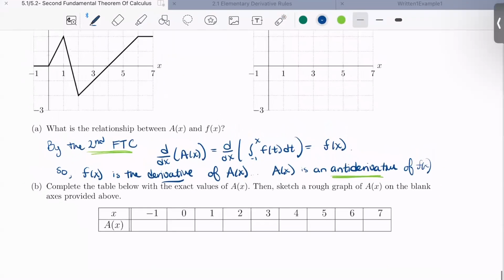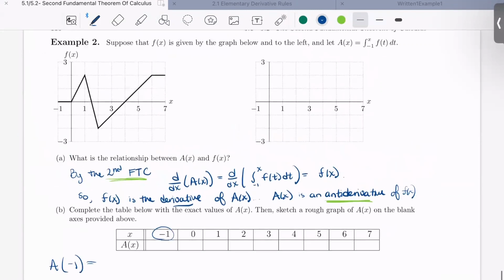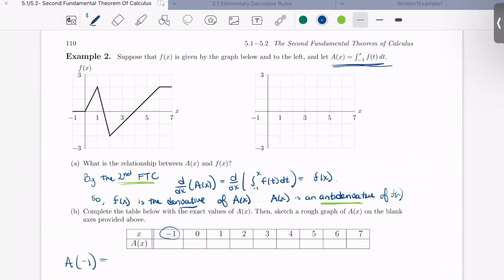Let's get into it. We're first computing A of -1. Recall, A of x is defined by this integral. I'm even going to highlight it here so we can really sit with it. So A of -1 would be the integral from -1 to -1 of f of t dt. Wherever I saw x in the function, I'm going to put a -1.